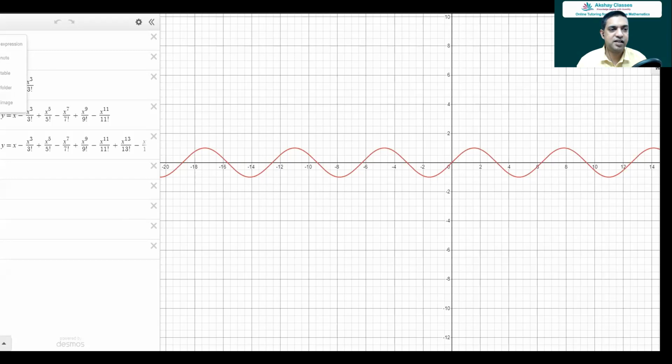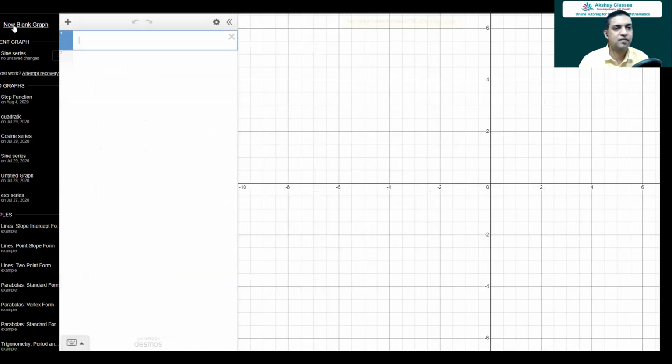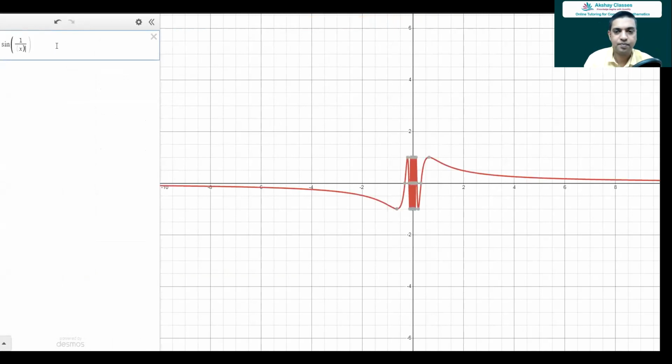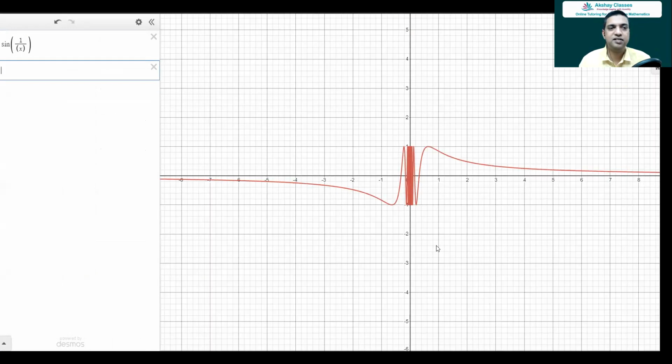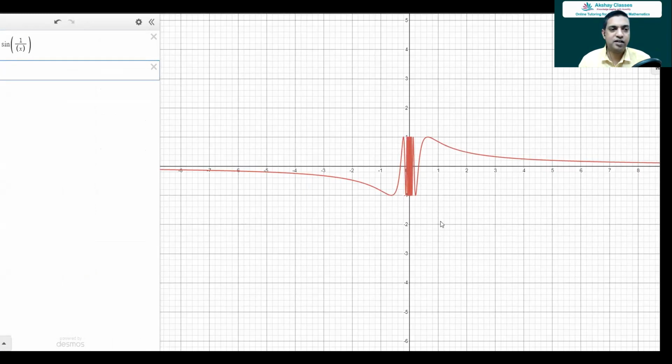So let us take just a second. Let us take a graph of sine 1 upon x. This is the graph of sine 1 upon x. You see, sine 1 upon x is a very peculiar graph.